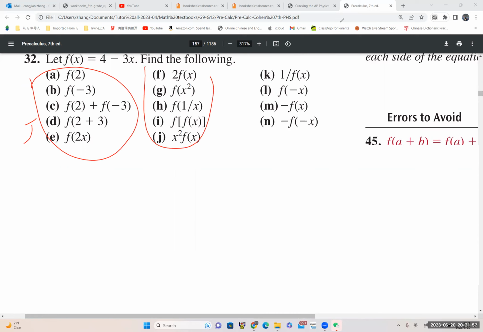This for Neil. This for Ray. If you think it's very simple, you can skip it. But if it's not simple, you'd better write it.